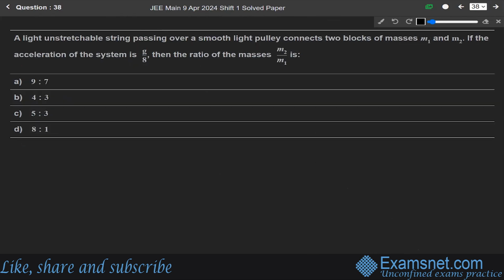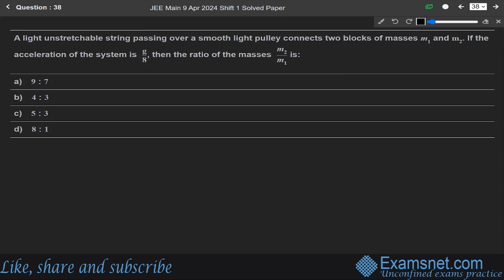Now next question 38. A light unstretchable string passing over a smooth light pulley connects two blocks of masses m1 and m2. If the acceleration of the system is g by 8, then the ratio of the masses m2 over m1 is? So we have to find the ratio of the masses m2 over m1.